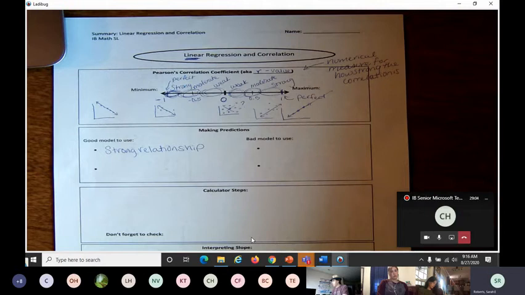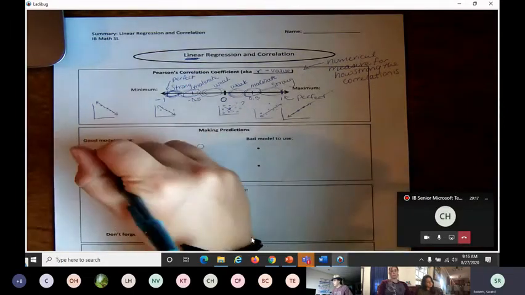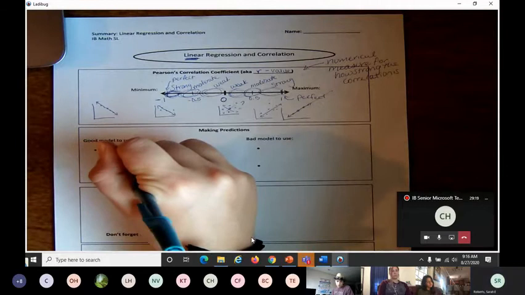Now, the extrapolation thing that I mentioned is not necessarily the strongest way to make a prediction. The strongest way to make a prediction is going to be something called interpolation.